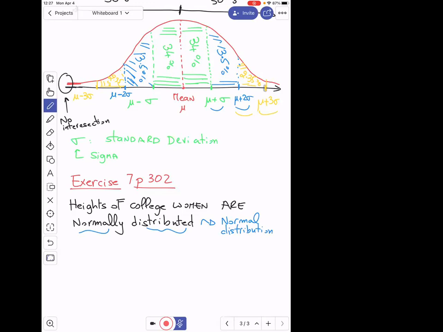So of course here we are interested in the heights of the college women. So the variable here is the height of the college women, right? Anyway, so the heights of the college women are normally distributed with mean, so the average, 65 inches.